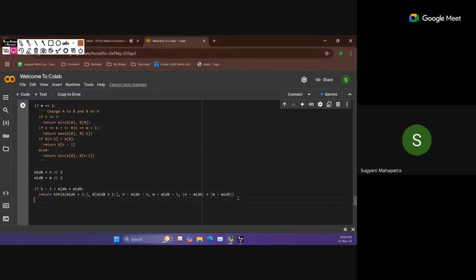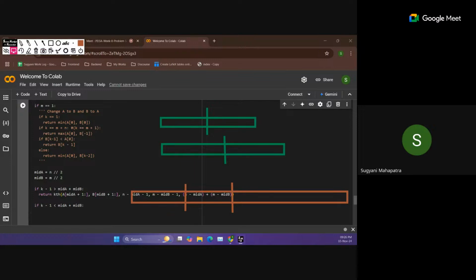The next condition is what if my k minus 1th index is less than both middle of A plus middle of B. The other scenario, it lies somewhere around here.